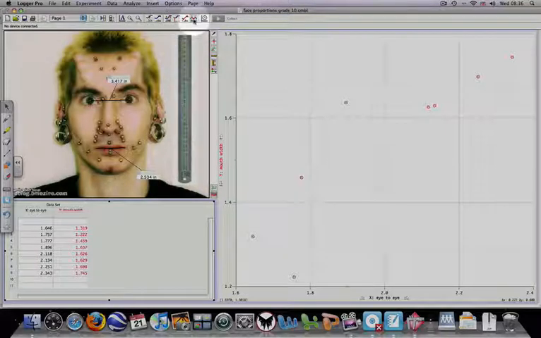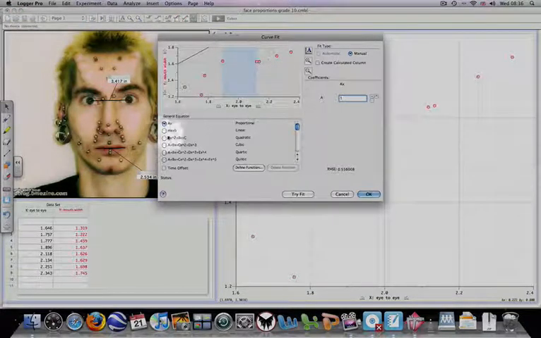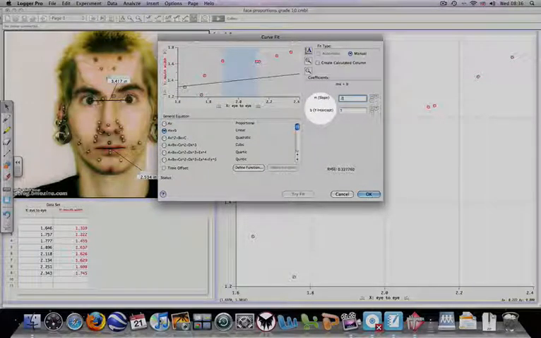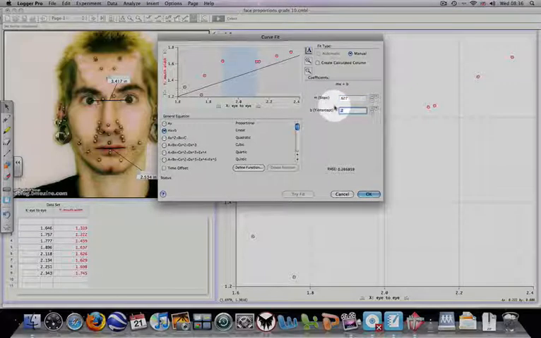Then you push the little f of x button, the last one, and y equals mx plus b, and I get to type in my slope here, 0.627, and 0.287.